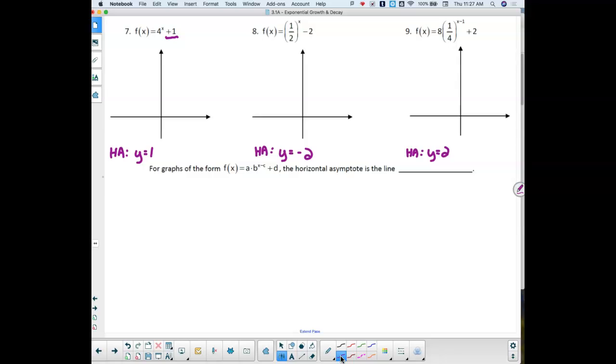There's a difference between saying 2 and meaning y equals 2. 2 is a number, 2 away from 0 on the number line. y equals 2 is a horizontal line, 2 above the x-axis. Big difference. You may not think that, but mathematically, there's a big difference.